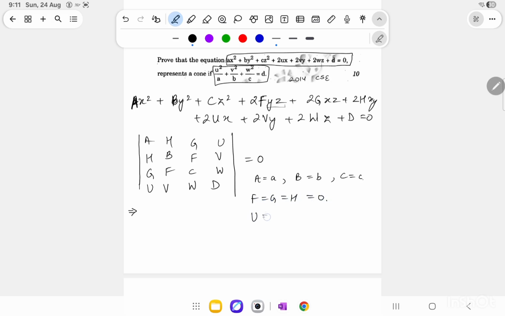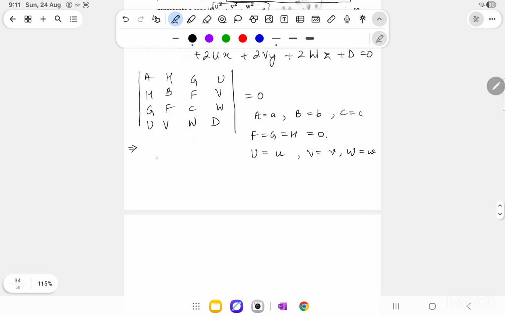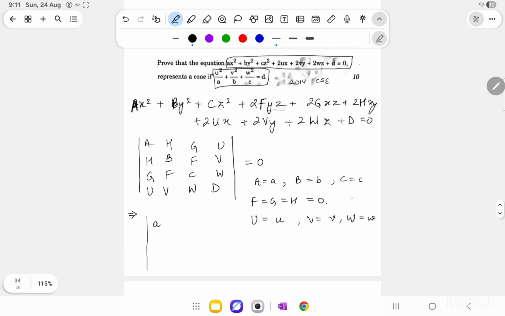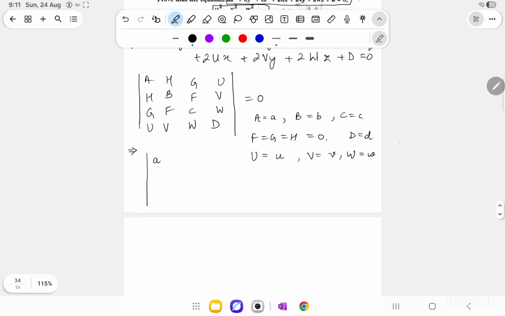Likewise, we get capital U as small u, capital V as small v, capital W as small w, and capital D as small d. So we'll get A, B, C, D, U, V, W, and the rest of the terms are 0.